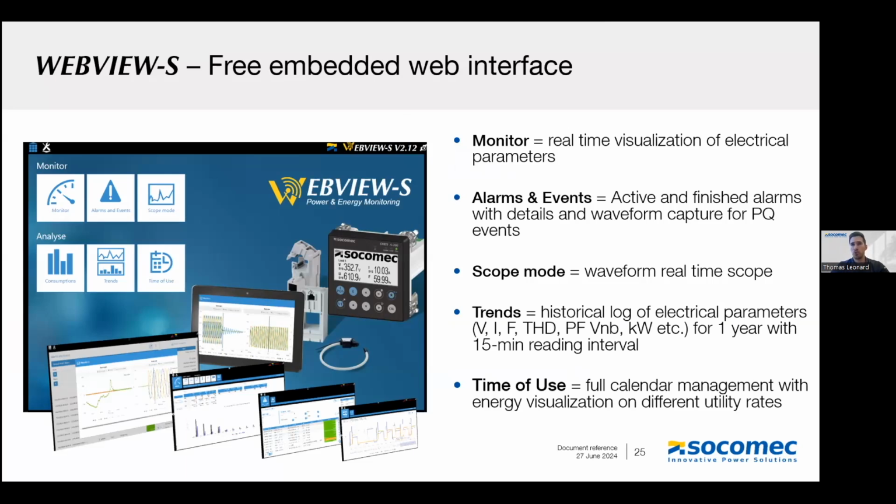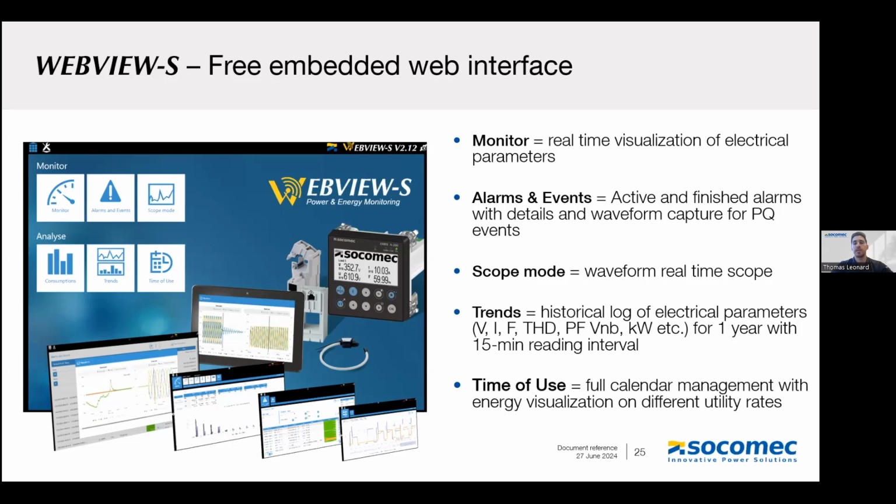We have a scope mode, which allows you to view the real-time waveform. So you go on a piece of equipment, you want to see how distorted your signal is, you can connect and look at the scope mode for this equipment.